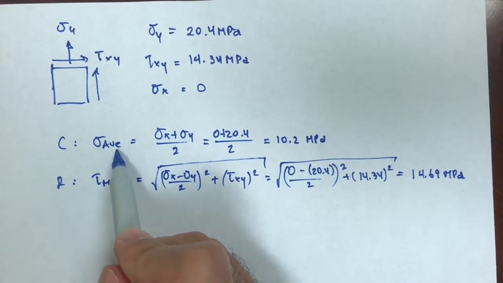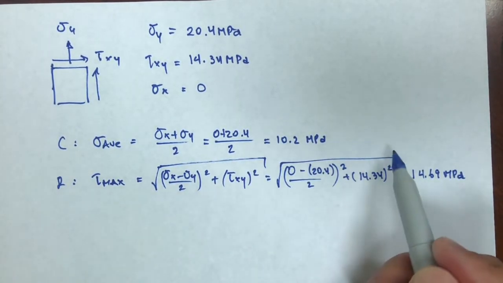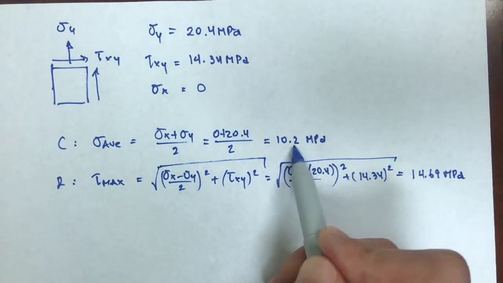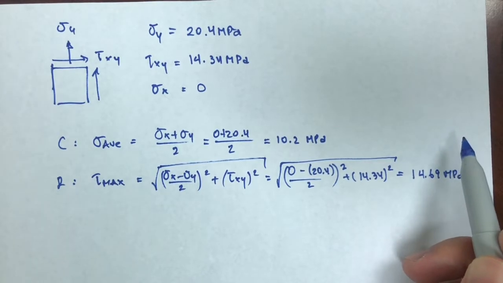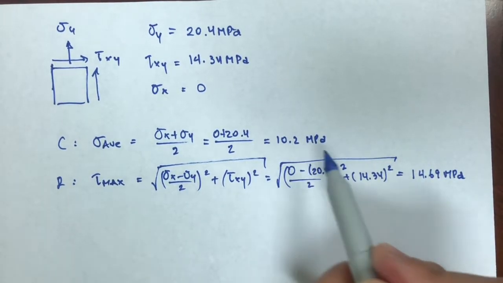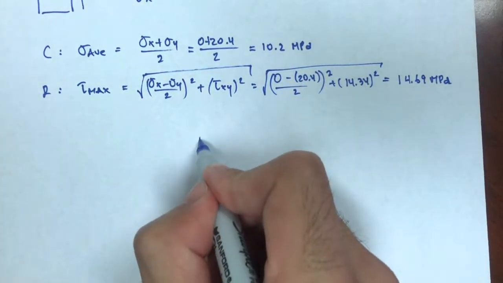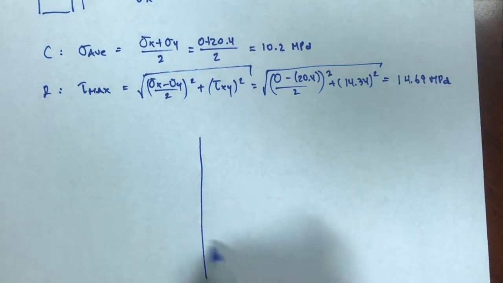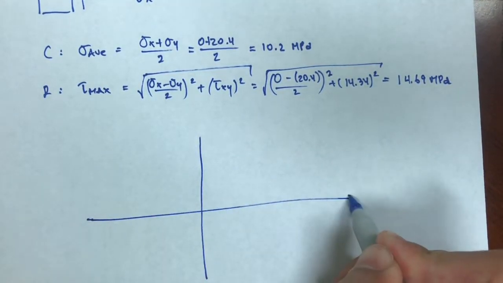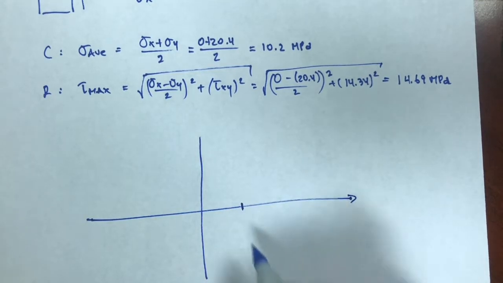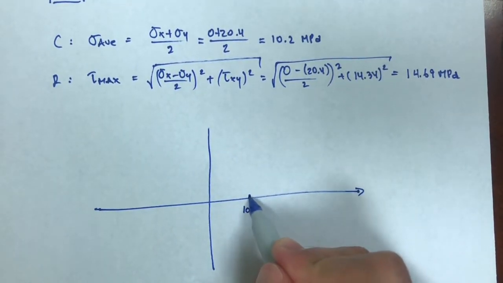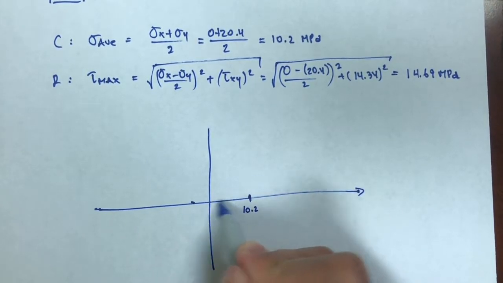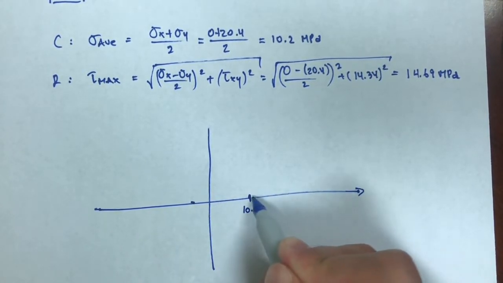And with my average, since my average is positive, if I add a radius, I would end up with the highest normal stress. So what I'm saying is, since it's positive at 10.2, okay, I will not subtract the radius, because I would end up somewhere here, which is not going to be the maximum.